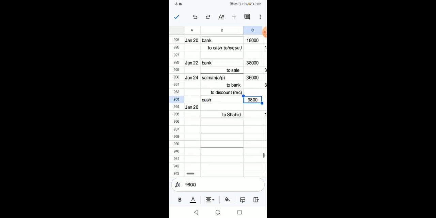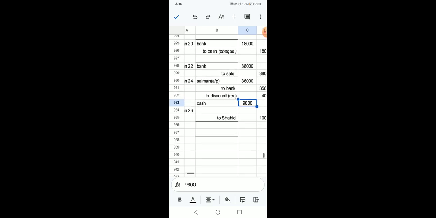Who will permit paying less or receiving less? It would be us, the person who is receiving the amount, and we will decide whether our account receivable will pay less or more. Since the total amount receivable was 10,000 from Shahid, he was paying that amount to us.